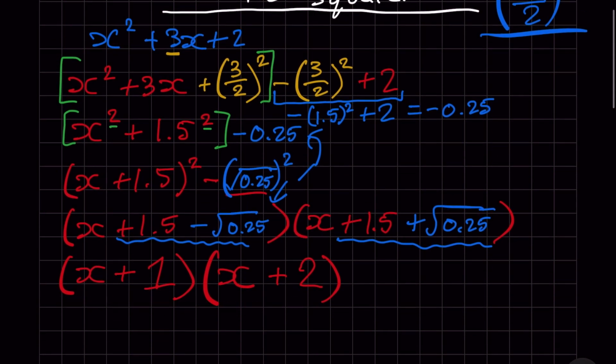And that is our final answer, x plus 1, x plus 2. We use that square root because we didn't know what number to put there. We put it down the bottom. When we put it in our calculator, we will get the number. The number is 1 and the number 2.